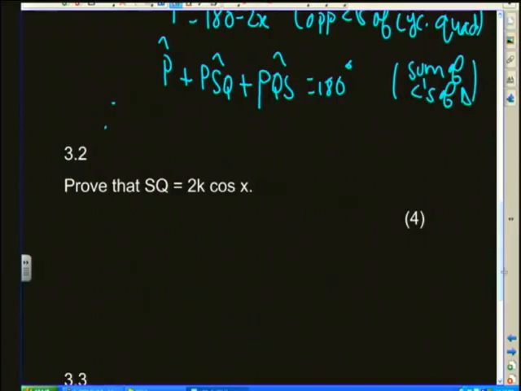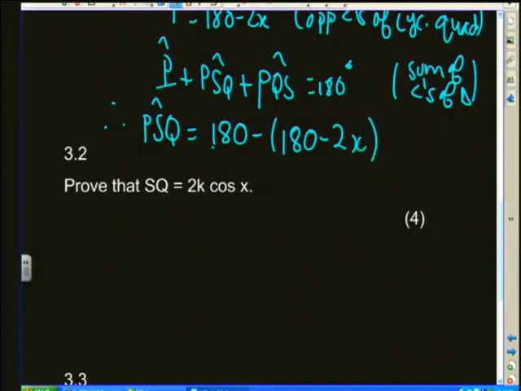Therefore, we're going to have that angle PSQ is going to be 180 degrees, and I'm doing this all in a combination step, and hopefully you guys can follow this. I will go through it again. It's going to be 180 degrees minus 180 minus 2x, which was angle P, and that whole thing divided by 2 because angle PSQ and PQS were equal.